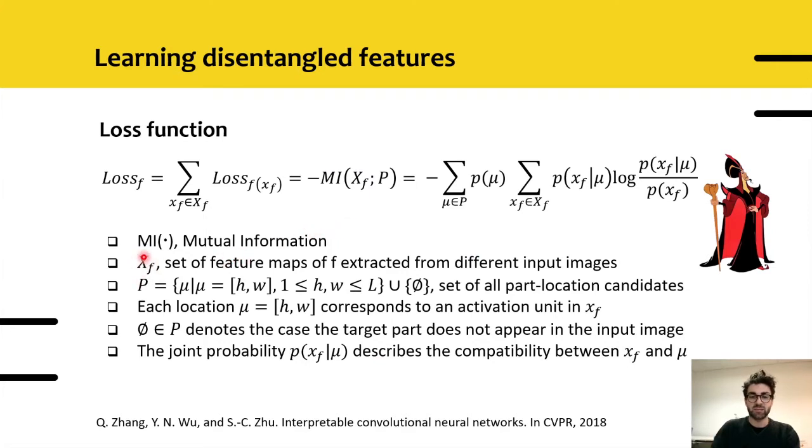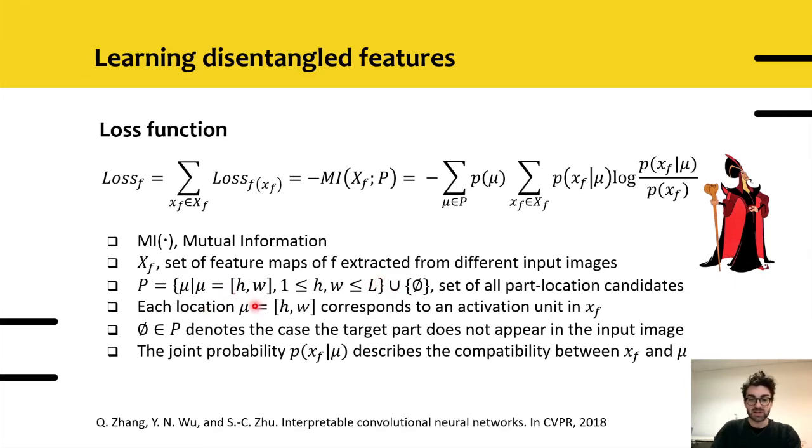We have big X_F, that is the set of feature maps of F extracted from different input images. We have the set P of all part location candidates, that is composed by two numbers actually, H and W, that range between 1 and the dimension L of the feature map.